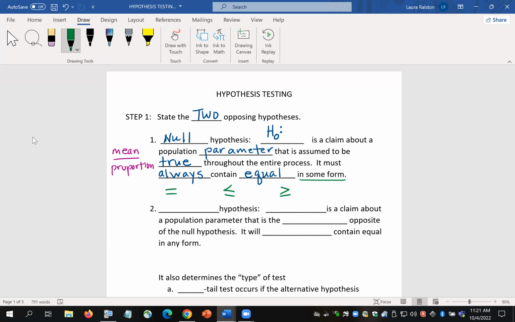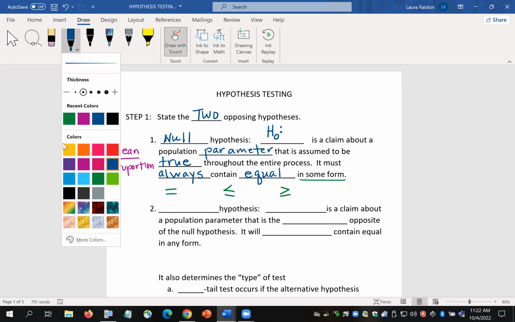The challenging part for most students is figuring out which symbol they need to use. And quite honestly, determining the symbol is going to be based solely upon the way the scenario is worded, or the way that I, as a researcher, express my hypothesis or proposed solution to the research question. So we'll take a look at that in a little bit more detail.